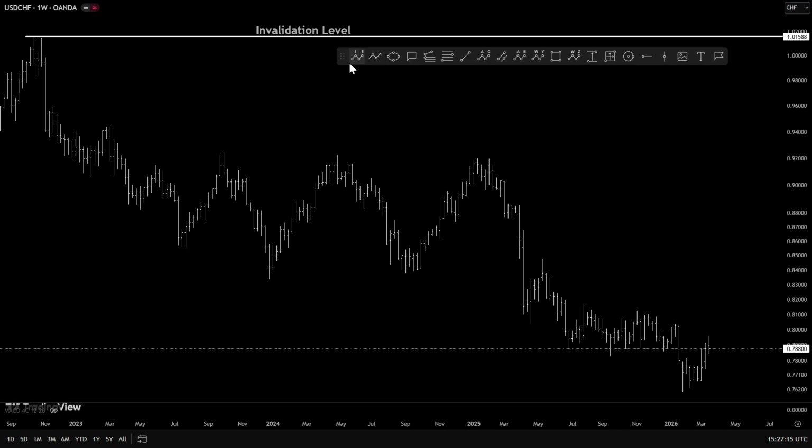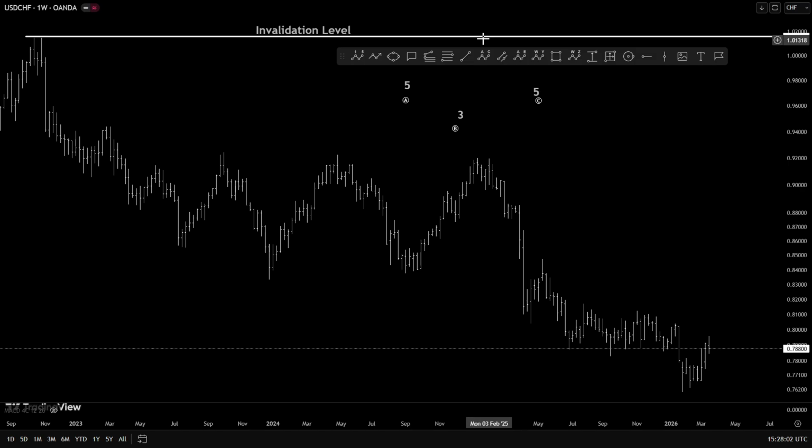The zigzag is labeled ABC, which means wave A has 5 subwaves on its own, wave B has 3 subwaves, and wave C has 5 subwaves. So our analysis on USD Switzerland should be 5, 3, and 5.